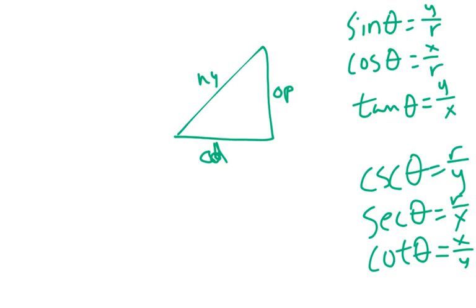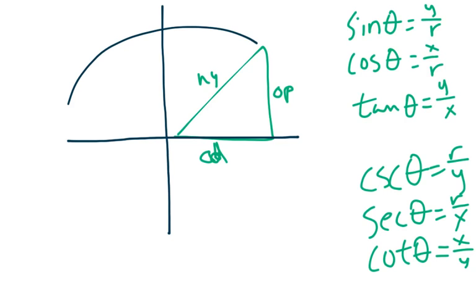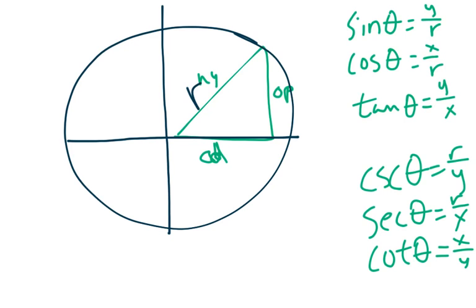And then, what do we add to that? We add this idea of a coordinate plane. And this triangle then, and this circle, and we combine it together with this circle as well, and we get the radius of the circle. And we get a point, and we get the x and the y value of this circle.